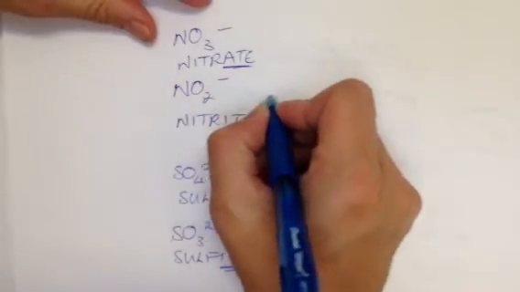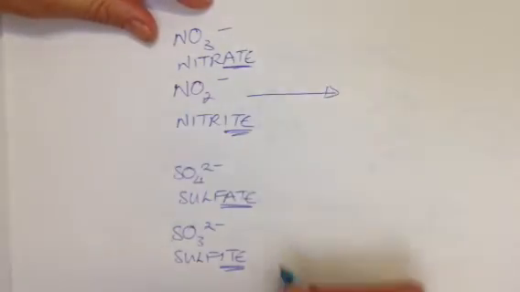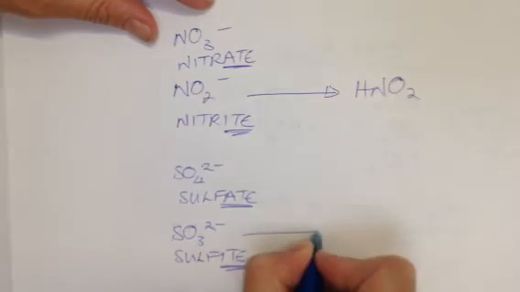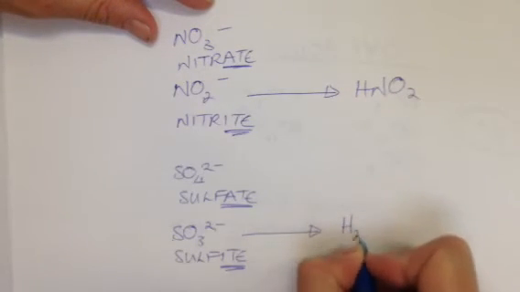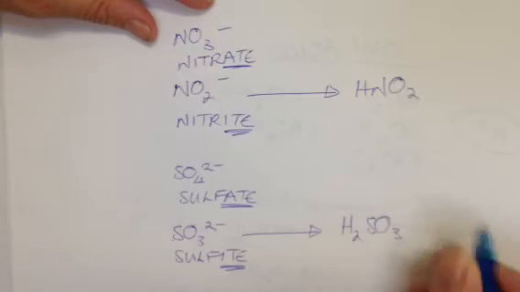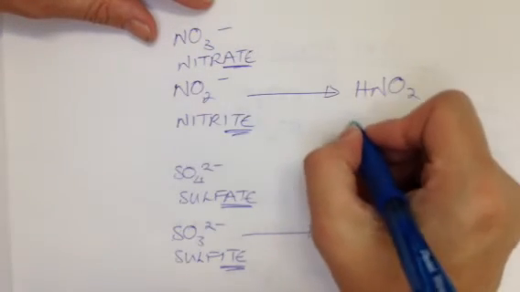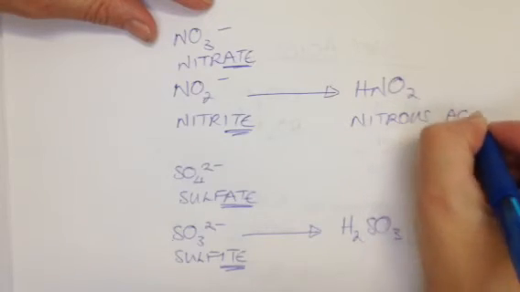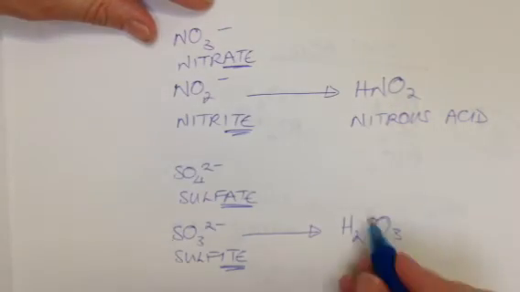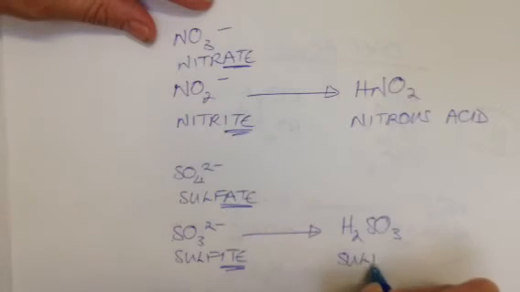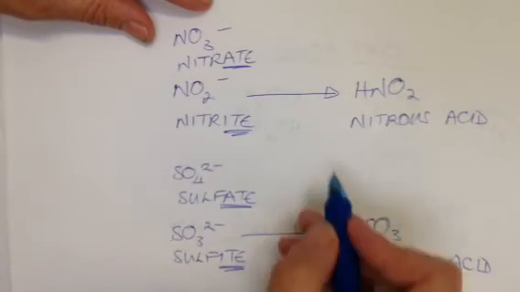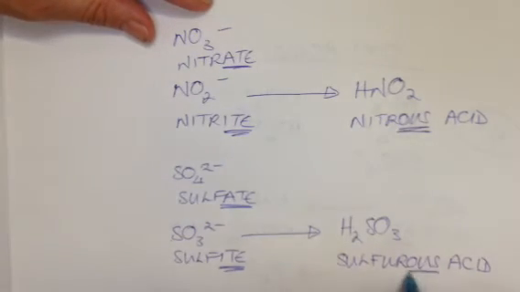Now we can turn our ite ions into acids by adding hydrogens. And these acids are called nitrous acid and sulfurous acid, respectively. And hopefully you can see the trend.